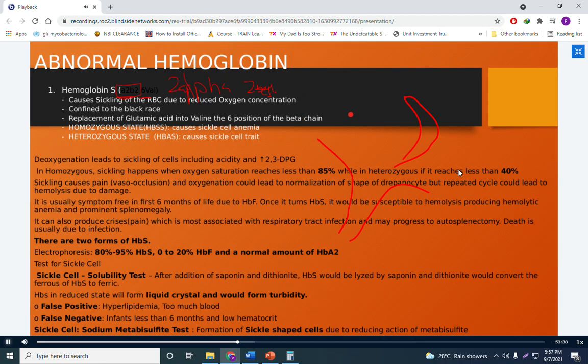Class, do you recall yung sinabi ko kanina that there are amino acids sa bawat beta chain? Now, sa case na to class, pinalitan daw ni valine yung glutamic acid. So example kasi ito yung beta chain nyo. The beta chain nyo class is composed of different amino acids. So ilan ang amino acids class ng beta chain? How many amino acids does your beta chain contain? Alright, very good. It's 146. So imagine class 146. Now, sabi dito, 6th position.